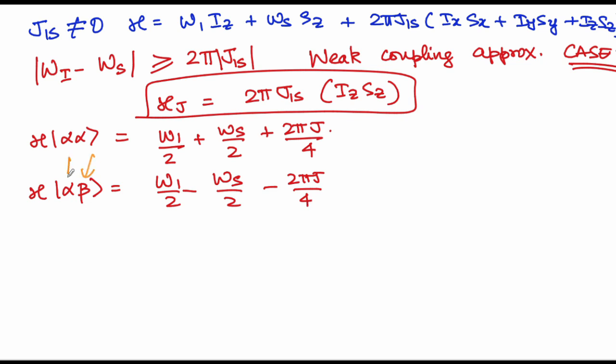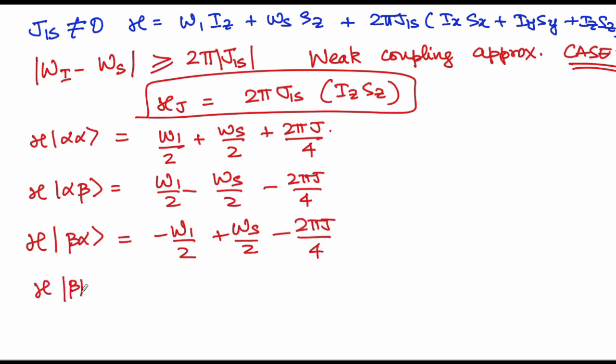Because one is in beta state, the other is in alpha state. When you have the I_Z operate on the alpha state, you get half. When you have the S_Z operate on the beta state, you get minus half. Therefore, you end up getting a minus sign there. Then the Hamiltonian on the beta beta state, the plus comes here because you have two minus halves that multiply with each other. Therefore, you get a plus 1 by 4.